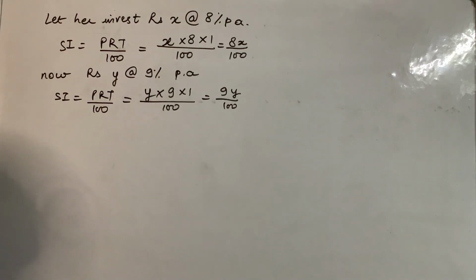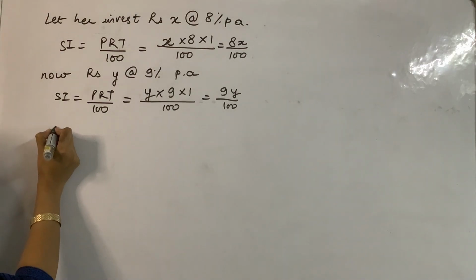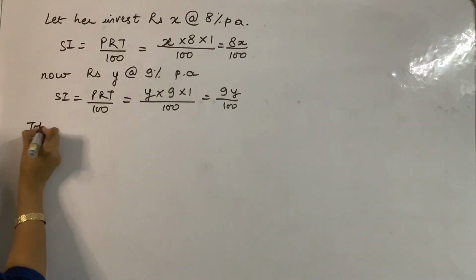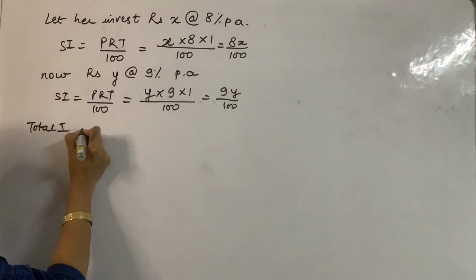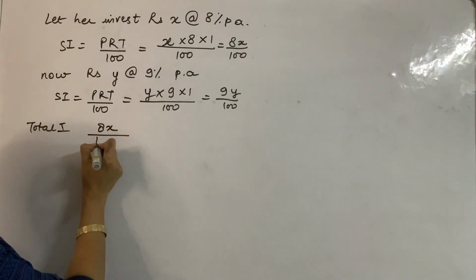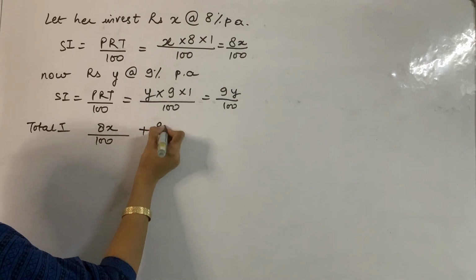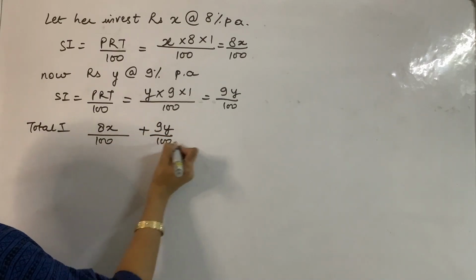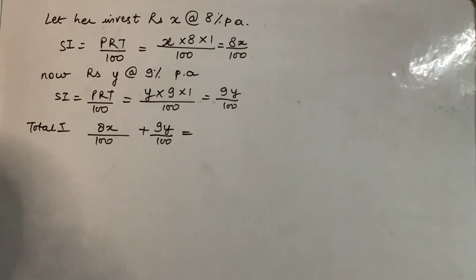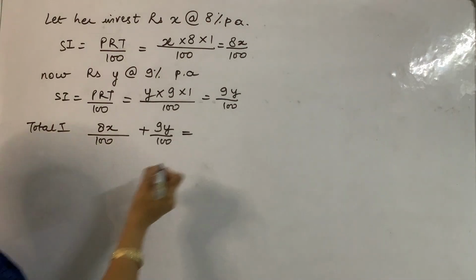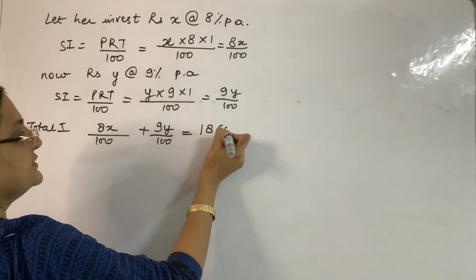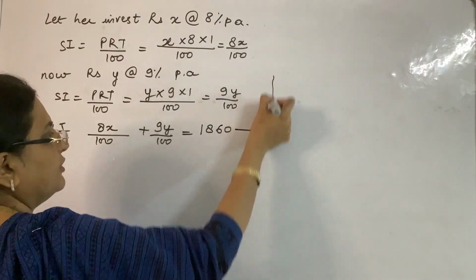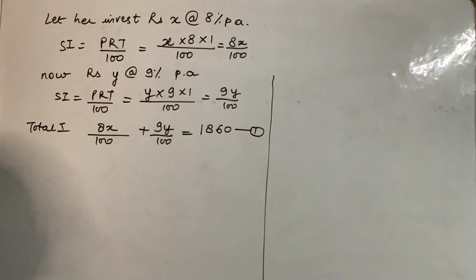But the total interest is given. So the total interest is 8x upon 100 plus 9y upon 100. And this total interest is given to be 1860. You have formed the first equation.